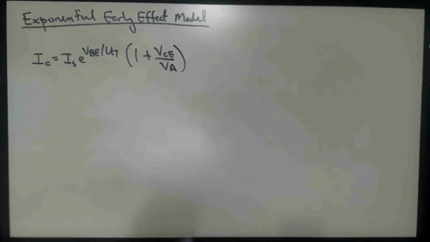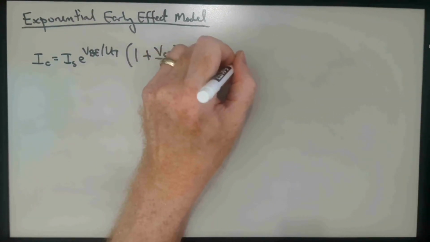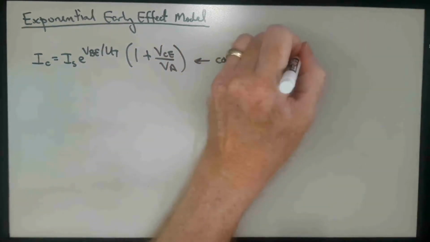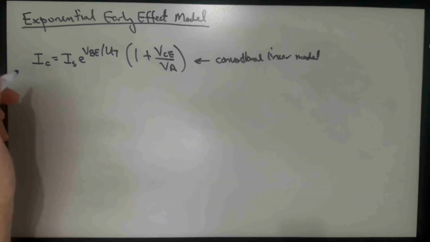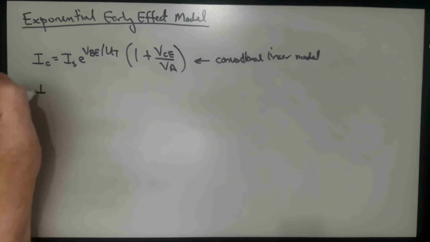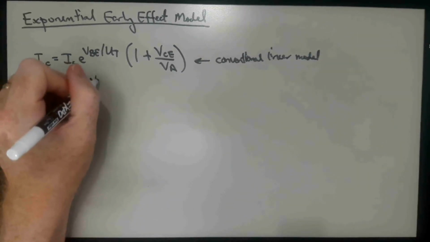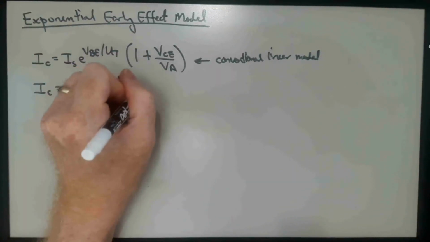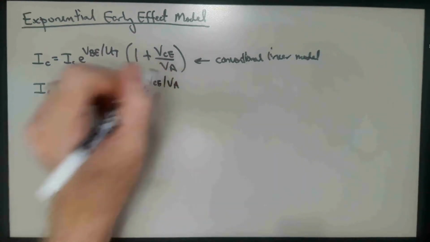Okay, so this is a conventional linear model. What I want to consider is an alternative model, which is IC equals IS e to the VBE over UT times an exponential factor, which is e to the VCE over VA.